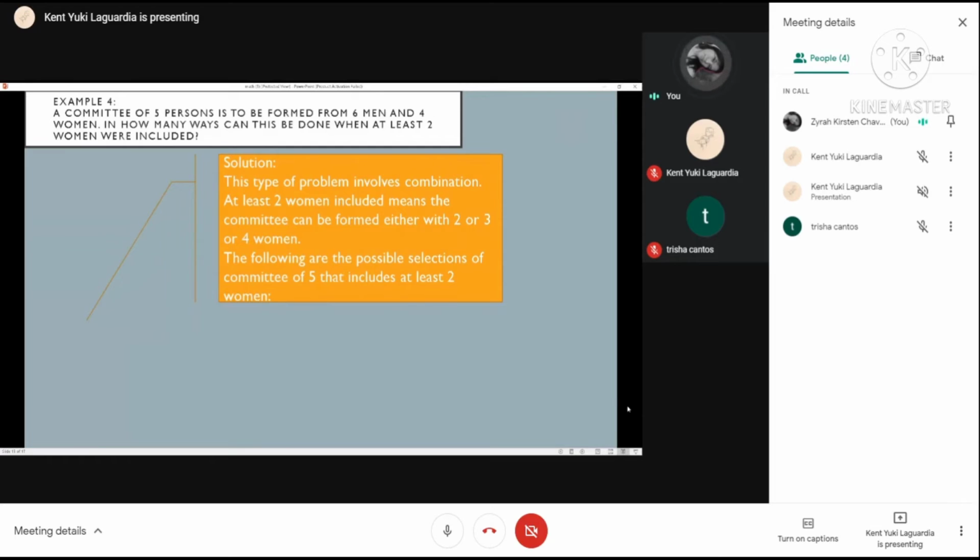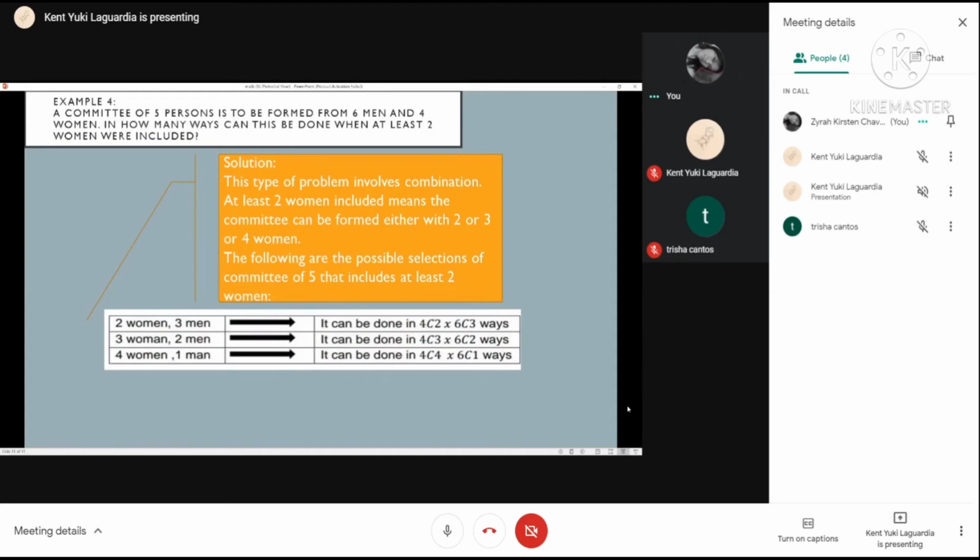At least 2 women included means the committee can be formed with either 2, 3, or 4 women. 2 women and 3 men can be done in 4C2 times 6C3 ways. 3 women and 2 men can be done in 4C3 times 6C2 ways. 4 women and 1 man can be done in 4C4 times 6C1 ways.